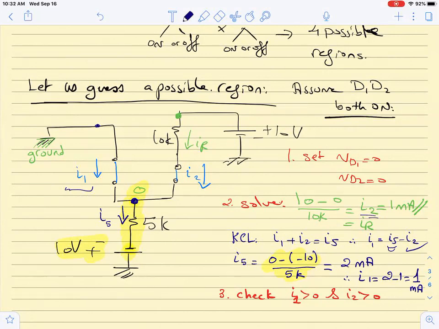And even the application itself: why would I put a diode between ground and a negative voltage? We put the diode sometimes to protect against large currents or to protect against discharging a battery. We will see a battery example later, but here it's a hypothetical circuit, just to practice our solving skills. Okay? Does anyone have a question about how we solve this?